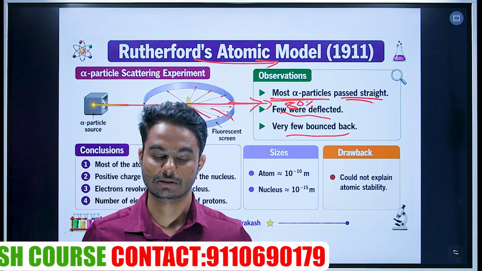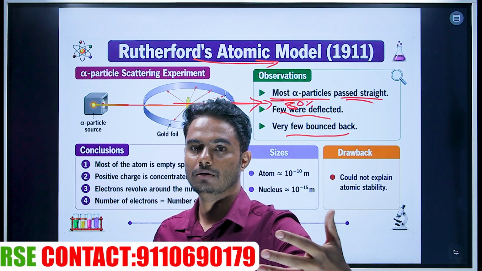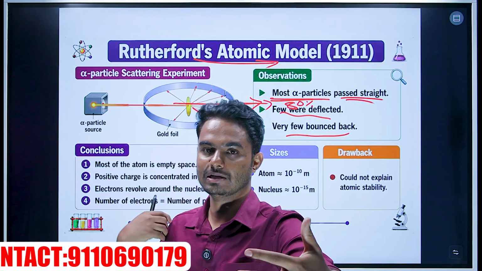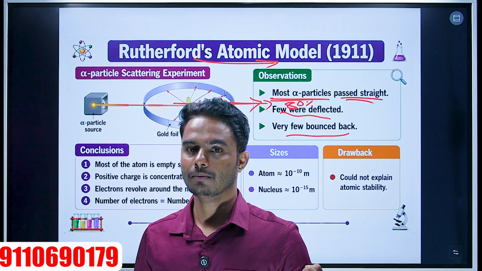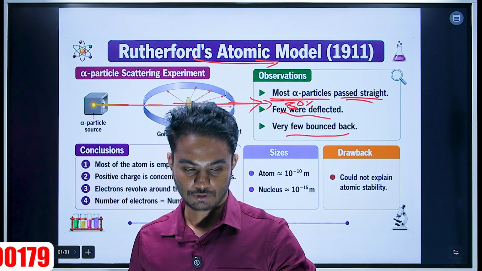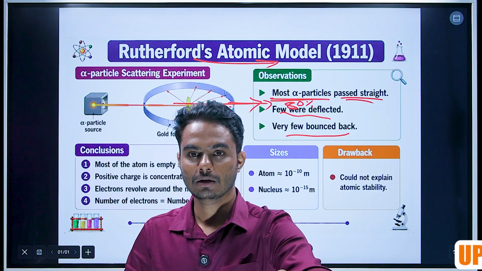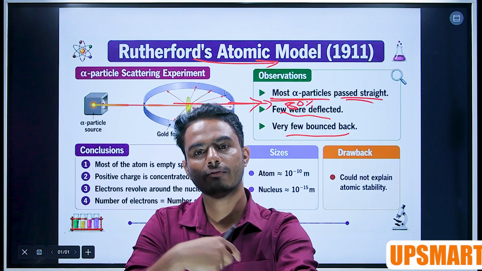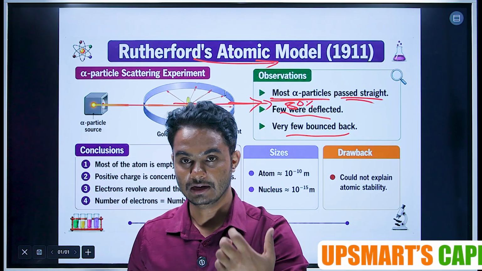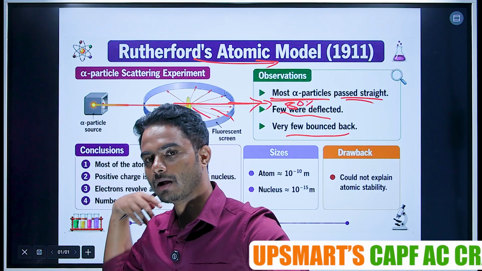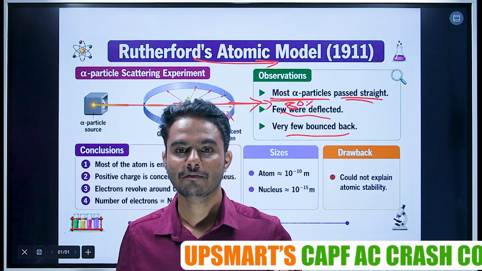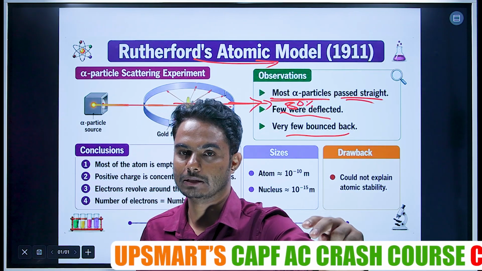What does that mean? See, you have a mirror. Now you are passing a light. If you have a mirror at the entire space where the light passes, then what happens? It should reflect back completely. Now we have a mirror only in some part.